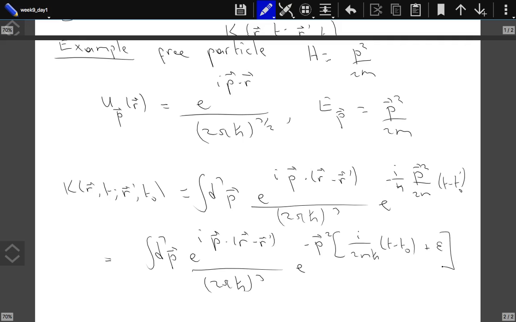I just insert a very small positive number epsilon over there, and then eventually take the limit as epsilon goes to 0.